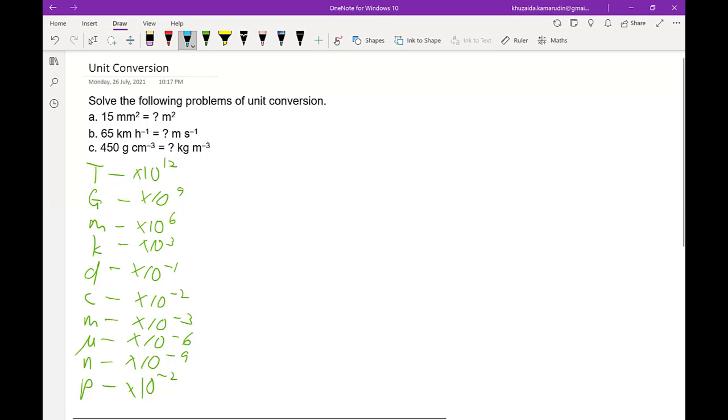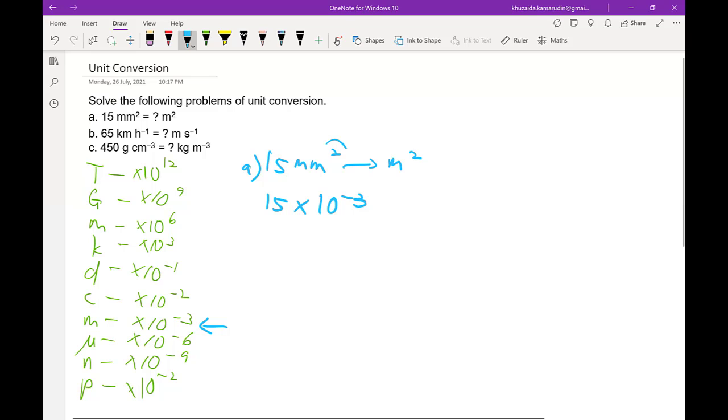Okay, so now let's say you have 15 millimeter square, you want to convert into meter square. So 15 times 10 to power of, milli is 10 to power of negative 3.